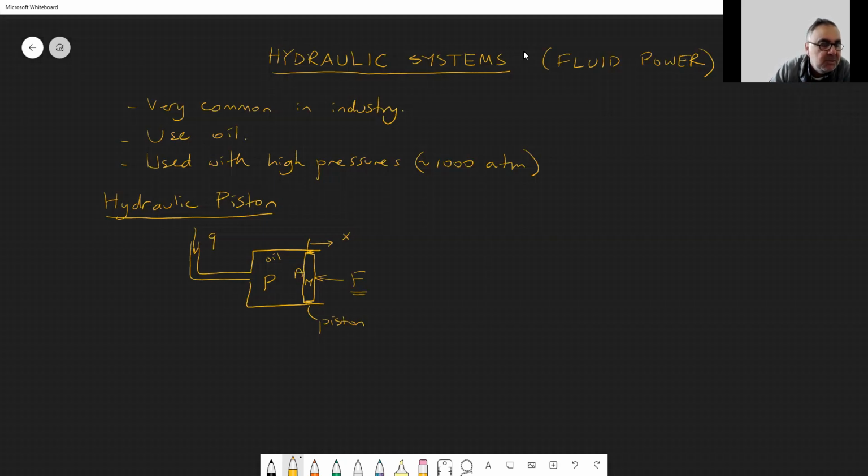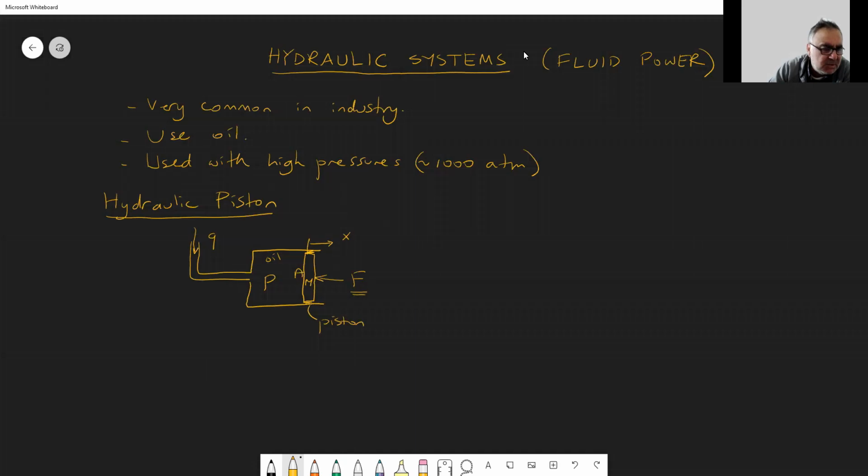So the piston can exert a very high amount of force through the pressurized fluid. And the pressurized fluid is usually pressurized by a pump, okay? So you can apply very, very high forces using hydraulics.